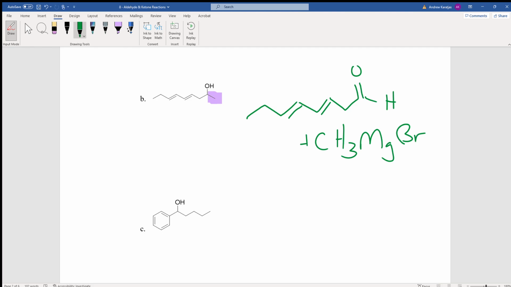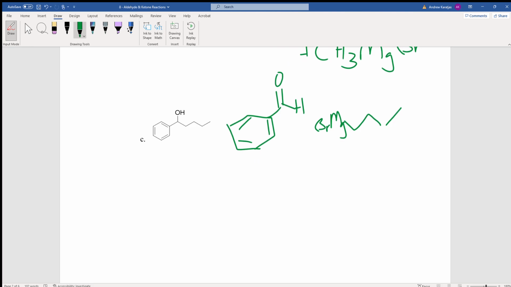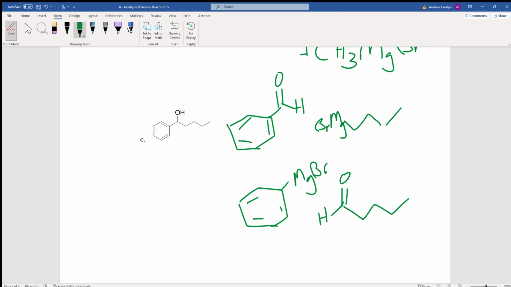Same thing in part C. There's our carbonyl, and that means the other side would be our Grignard. As I said, there's more than one way to do this, and we could have broken up part C in the opposite way. And if we had done so, it would have given us that pair of compounds.